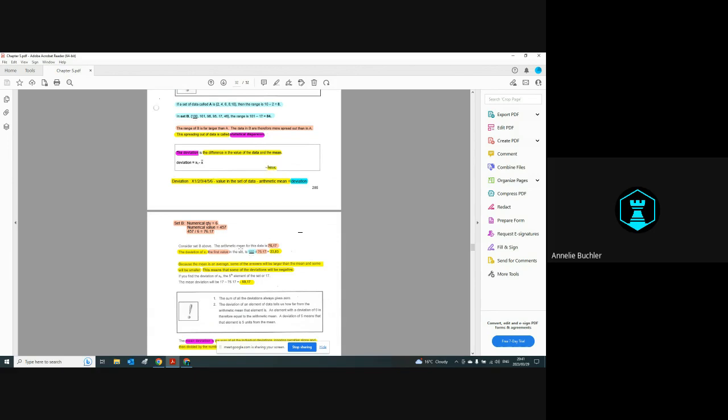The arithmetic mean for the data is 76.17. I just want to show how I got to this. The numerical quantity is 1, 2, 3, 4, 5, 6.